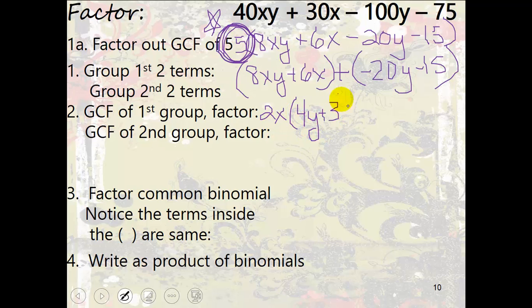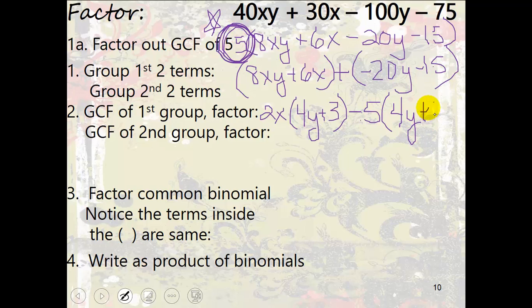Remember, we want this to match, so I'm going to have to factor out a negative 5, which gives me negative 20 divided by negative 5 gives me positive 4y. Negative 15 divided by negative 5 gives me a positive 3.